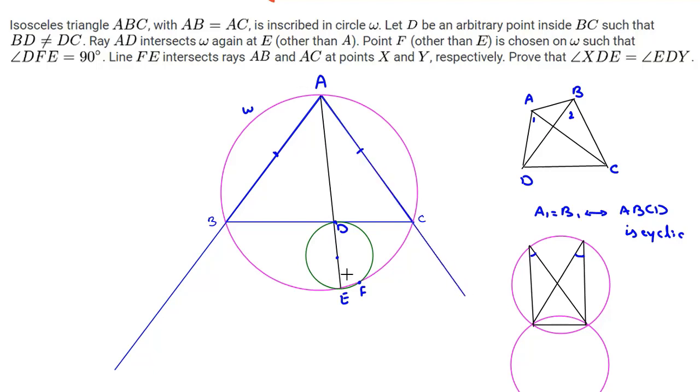So if we draw EF, it intersects like this, and this point like this one. So it intersects AB at X, AC at Y, respectively. Prove that XDE equal to EDY.